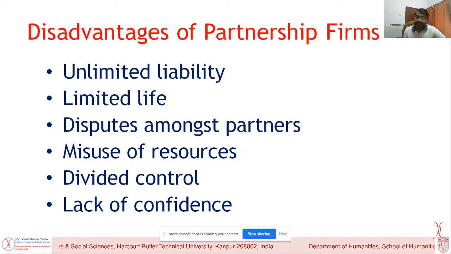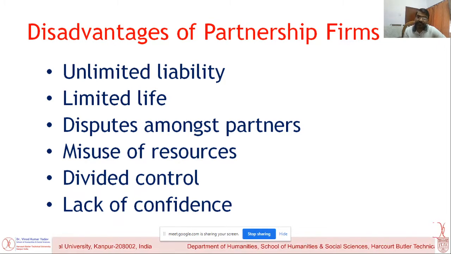And in that case, if misuse of the resources comes to the surface, there comes a difference of opinion amongst partners. There comes a lack of confidence, rather lack of faith.